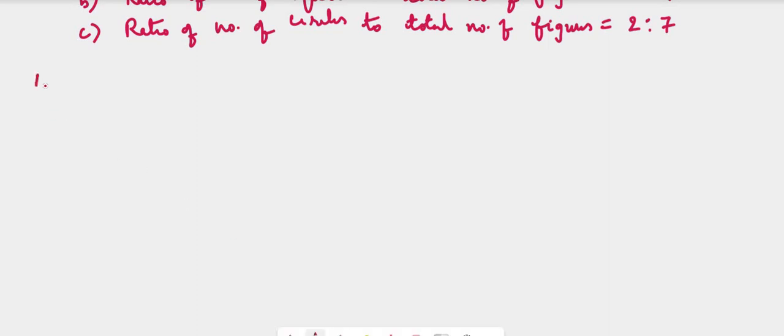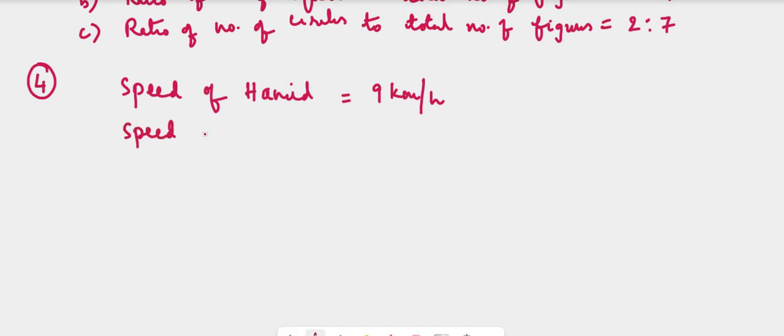Question number 4. First one is Hamid, no? So speed of Hamid is equal to 9 km per hour.